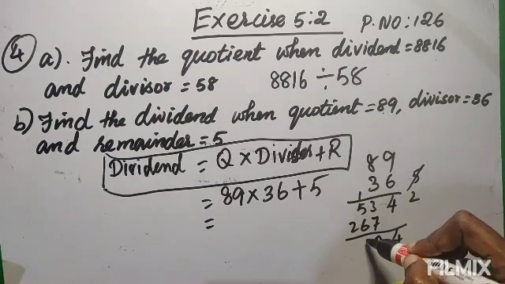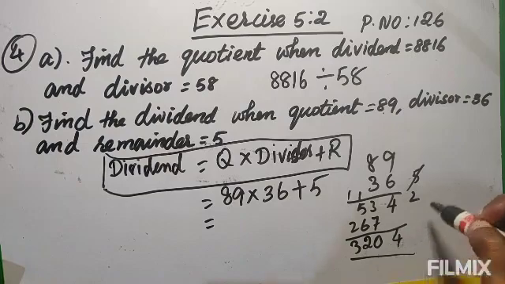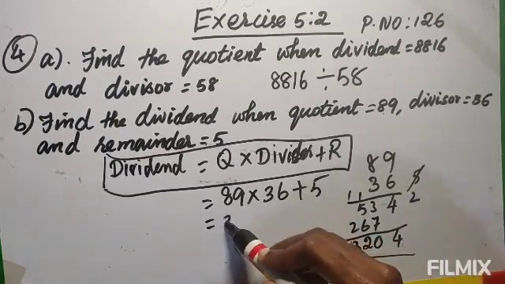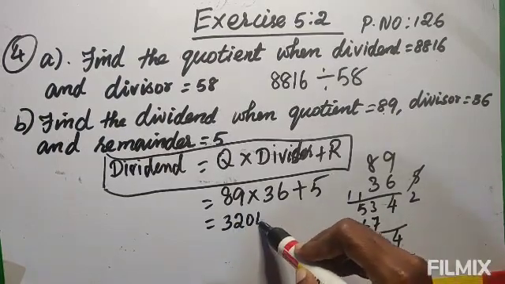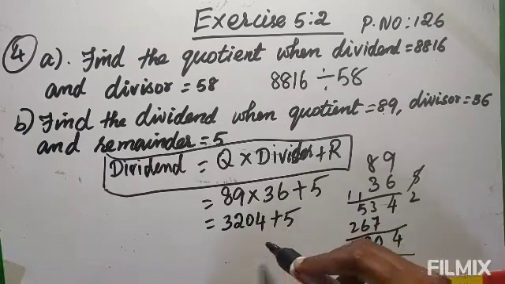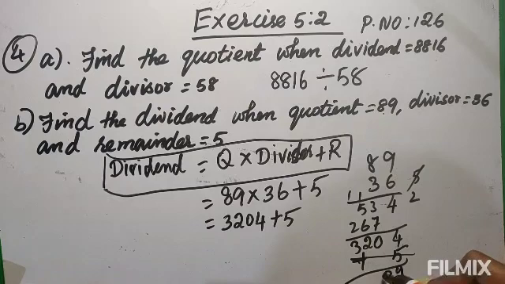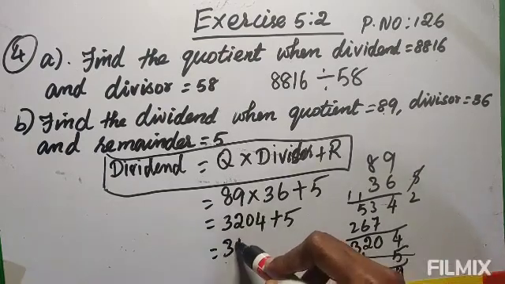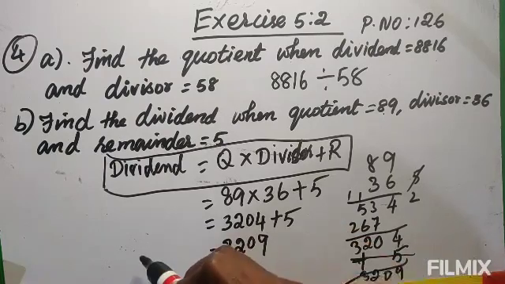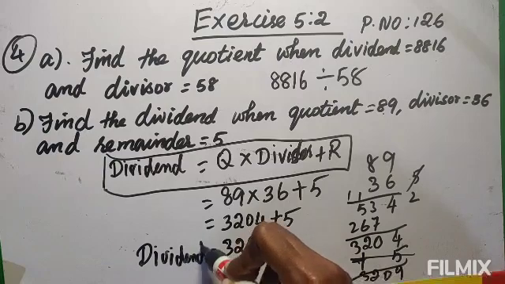Now 6 6s are 36, 6 3s are 18, plus 1, 19... So 3204, plus the remainder is 5. If you plus 5, 4 plus 5 is 9, then 0, 2, 3. So the dividend is 3209. So this is the way you have to do this sum.